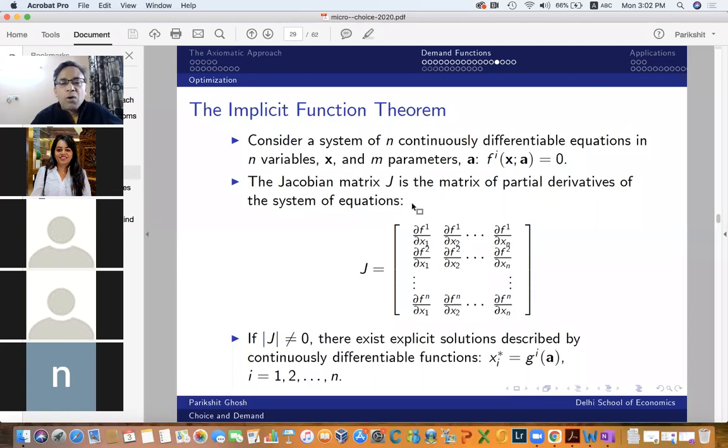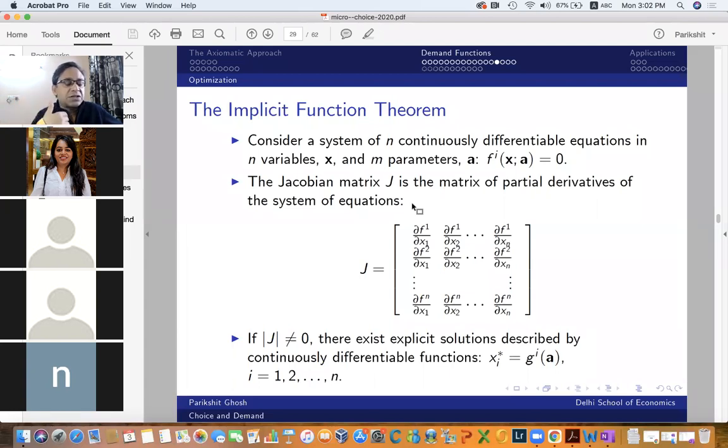Often the question we ask of a model like that is, what happens when some exogenous variable or parameter changes? So in the model for consumer choice, we are interested in questions like, what happens if a good becomes more expensive, if petrol becomes more expensive? What happens to the demand for petrol? What happens to the demand for cars?